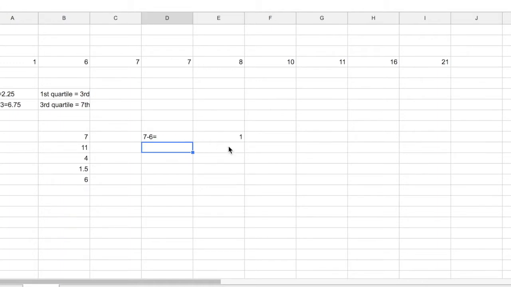Our third quartile was 11, so 11 plus 6 equals 17. So any value that is smaller than 1 or bigger than 17 is an outlier. 1 is safe in the range, 16 is safe in the range, 21 isn't. So the answer to our question is that 21 is the outlier.